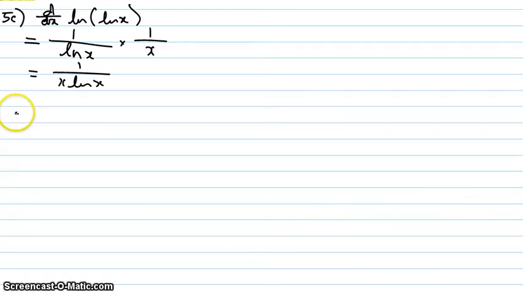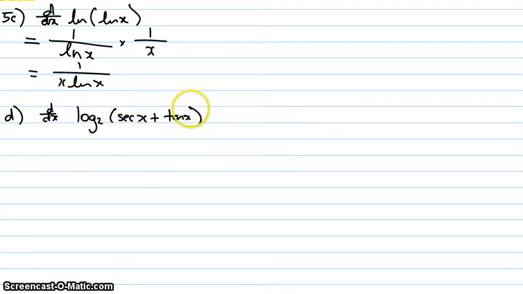The last one, 5D, we have to differentiate with a different base. So we're going to differentiate log base 2 of (sec x + tan x). There's a way to differentiate log base 2, I can't remember it, but what I do remember how to do is change base with my logarithms.